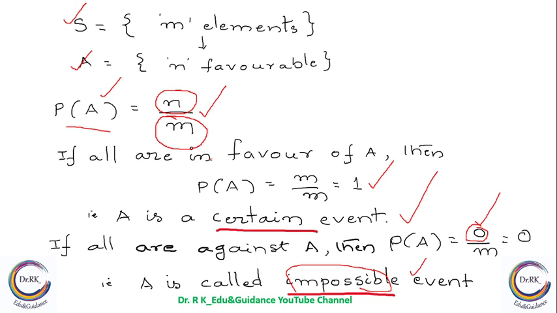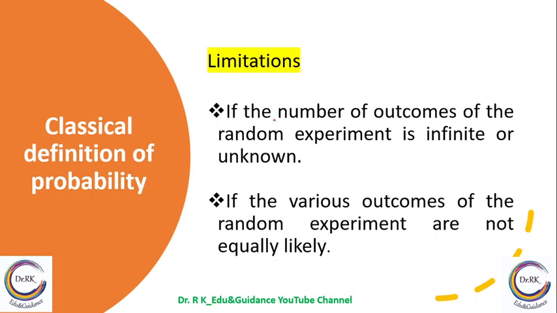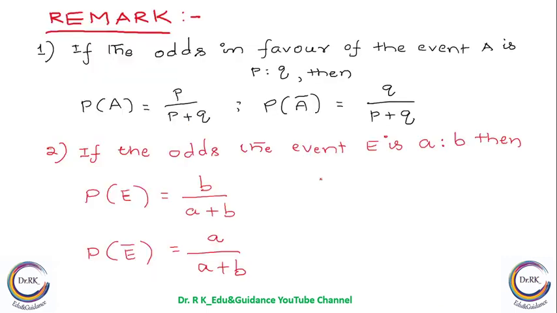So here, we don't know the value of n, because S is an infinite set. Probably we may get the value for n, but S is infinite. So in such cases, this definition fails. That is the limitation of this.